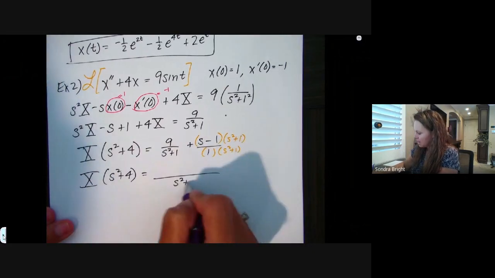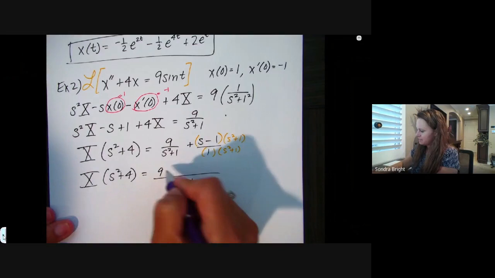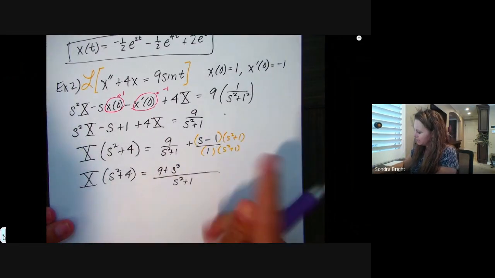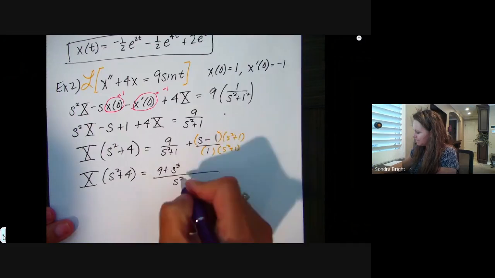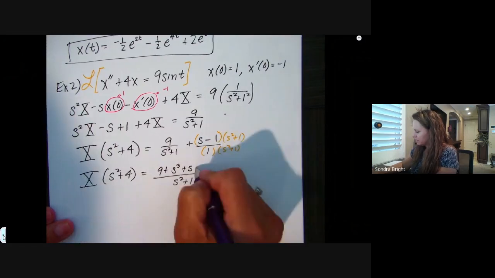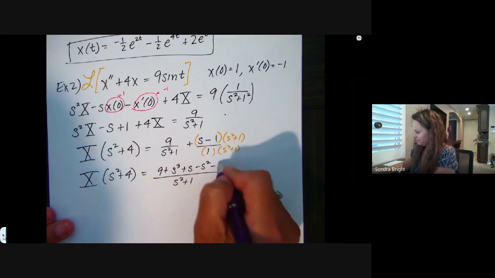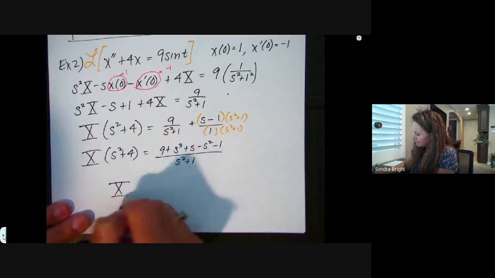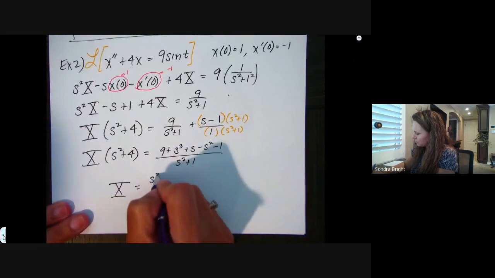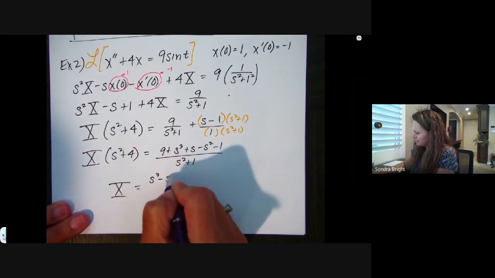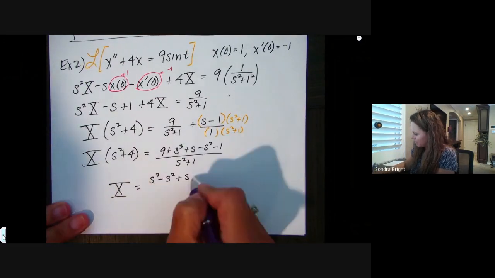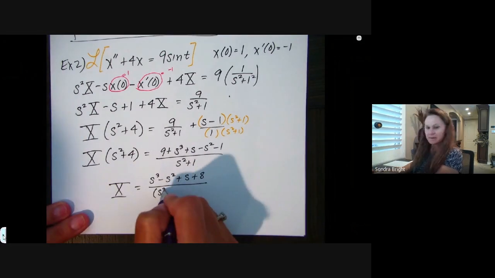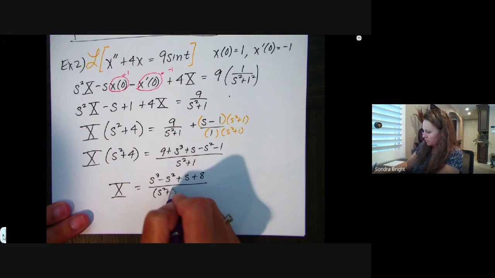Up here I'll have a 9 plus s times s squared is s cubed plus s minus s squared, and then a minus 1. So that big capital X is s cubed minus s squared plus s plus 8 over, I have the s squared plus 1 down there, but then I'm also going to divide by the s squared plus 4 there.